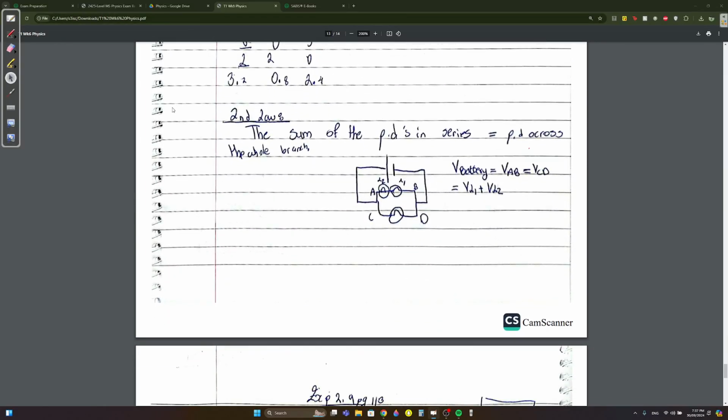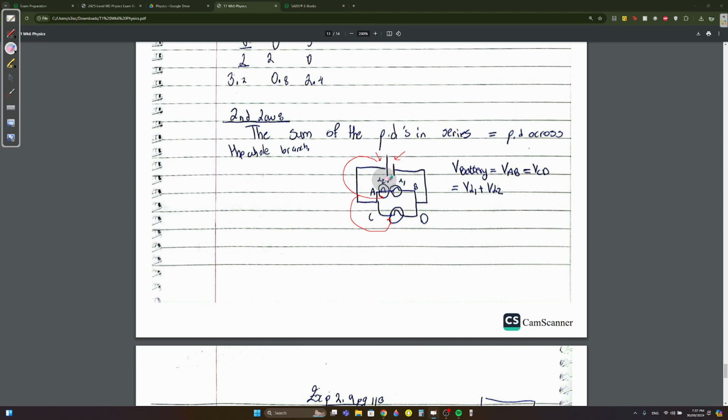Okay. The second law. The sum of the potential differences in series is equal to the potential difference across the whole branch. So the voltage of the battery is equal to the voltage of AB, which is equal to the voltage of CD, which is equal to V1 plus V2. You know that if you have a potential difference here, it's going to equal the potential difference over here.